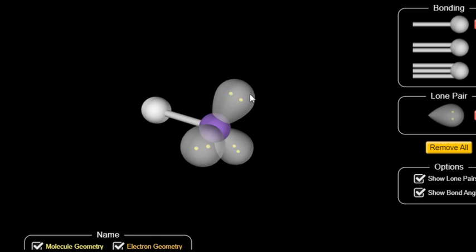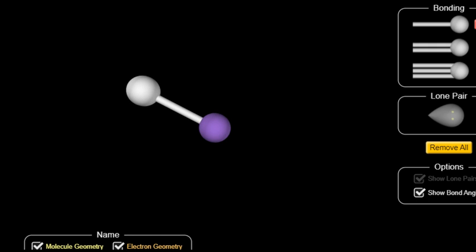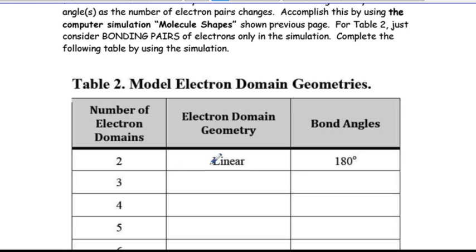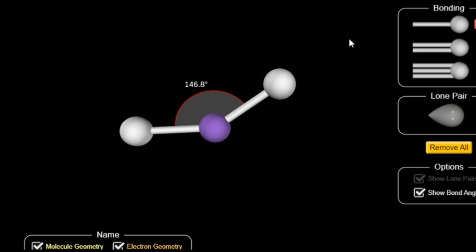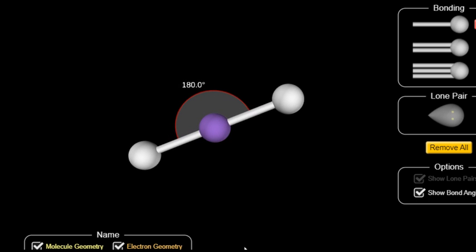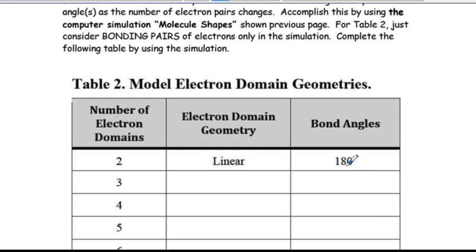It takes up more space than a bonded one, and you can see the 2 electrons there. When you have 2 electron domains, we'll assume they're bonding ones. 2 bonds, and no matter how I move this around, it goes back to 180. So that's how you do that.